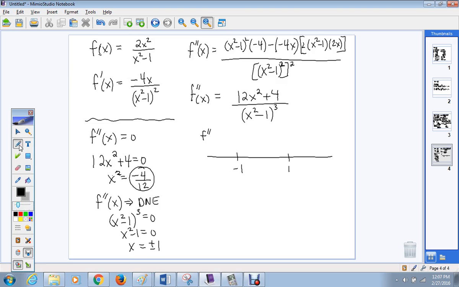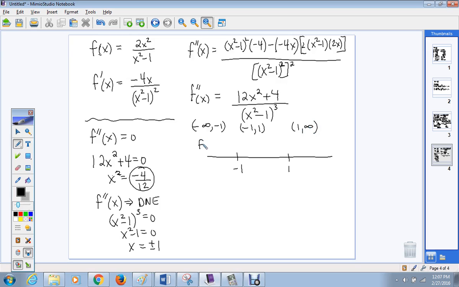I'm just going to determine if we have positive or negative values. Now let me write the intervals here above. Our intervals would be from negative infinity to negative 1, from negative 1 to 1, then our last interval would be from 1 to infinity.